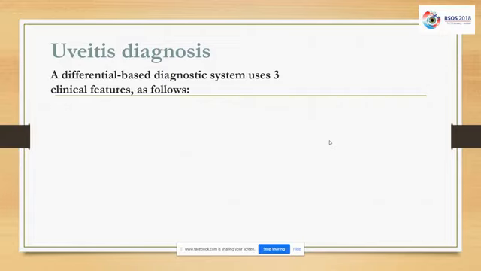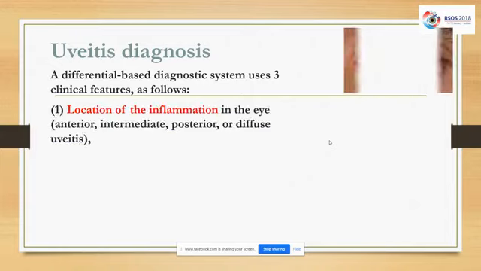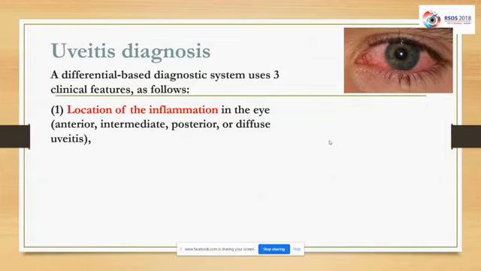So the differential-based diagnostic system of uveitis uses three clinical features. You need to fulfill all of these features to reach your correct diagnosis. So reporting the location of the inflammation is very important.